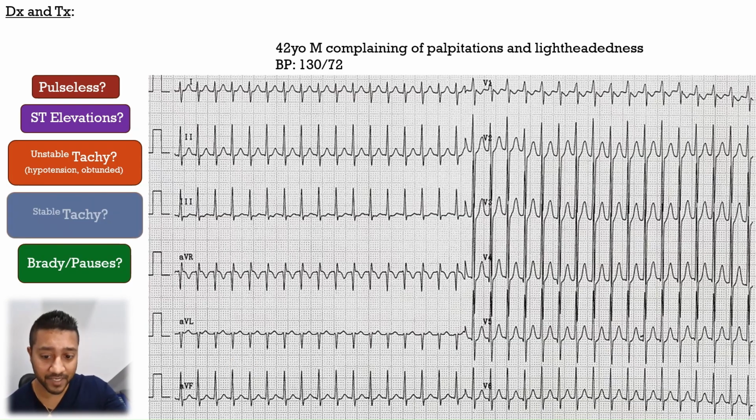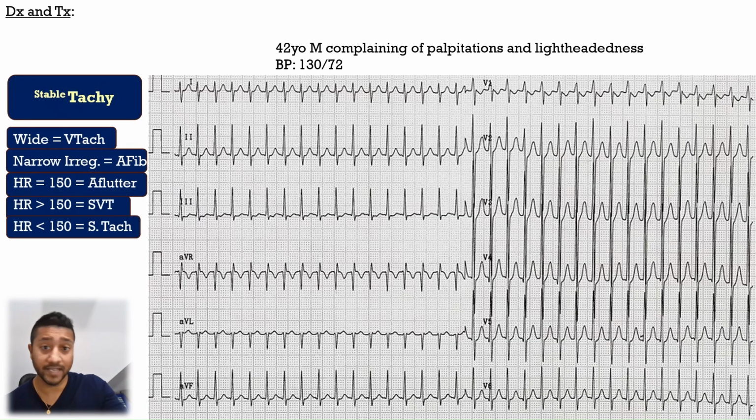The next step is going to be to determine which of these stable tachys I am dealing with. Do I have a wide QRS in this situation, wider than 120 milliseconds? Nope. So that's not a VTach. Am I dealing with a narrow but irregular rhythm? This rhythm actually looks fairly regular to me.